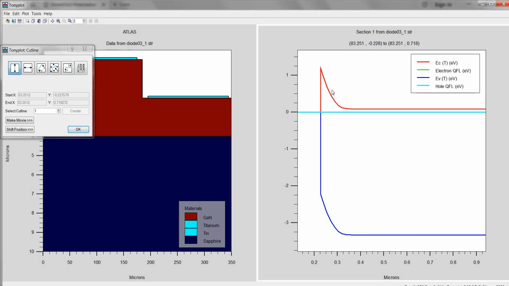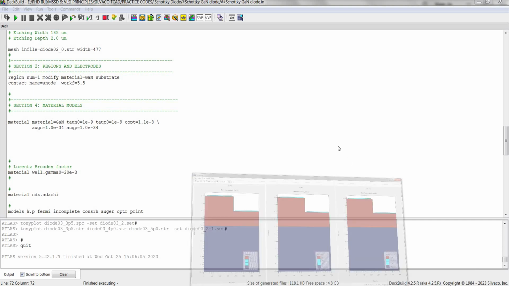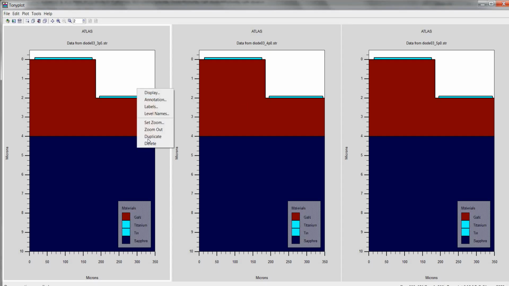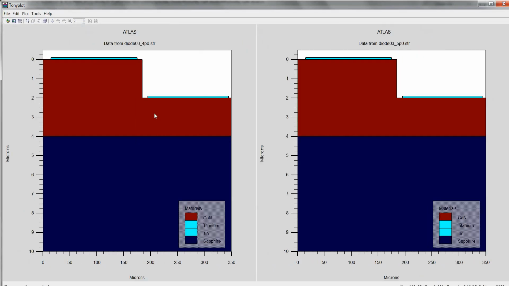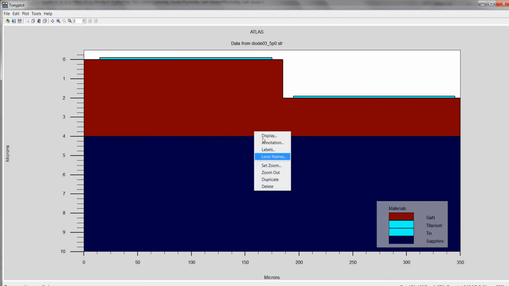So as you can see over here, we now got a barrier for electrons, and this is under thermal equilibrium. But under forward bias, we also got a simulation under forward bias, and we got three figures at 3.5 volts, 4 volts, and 4.5 volts.